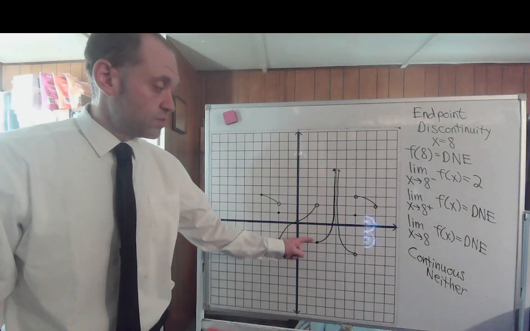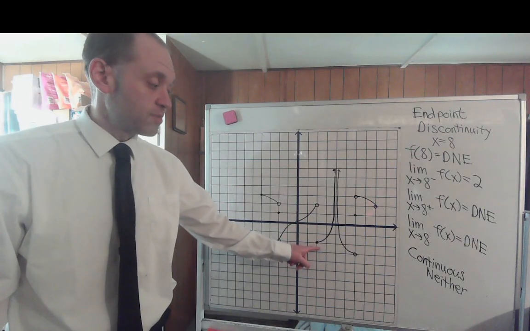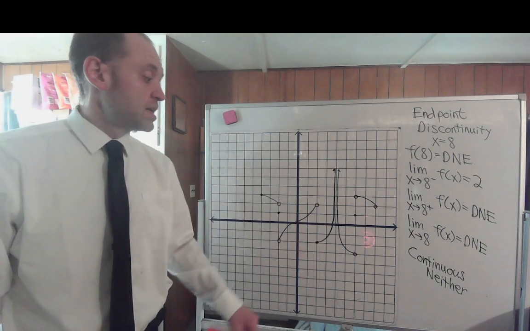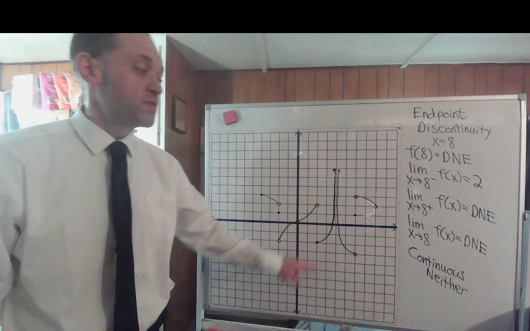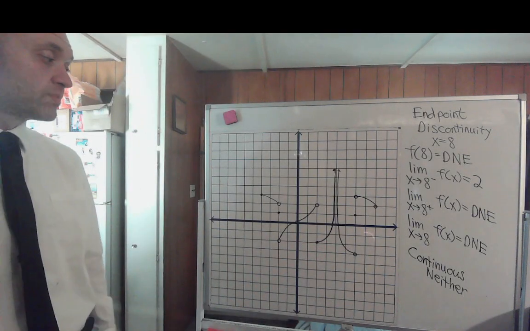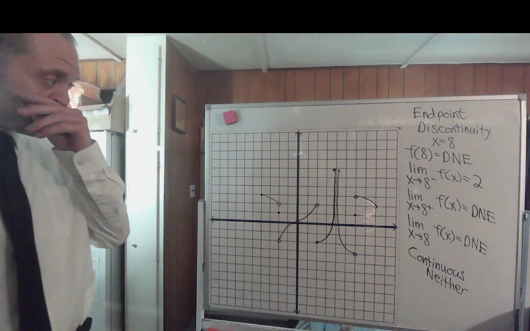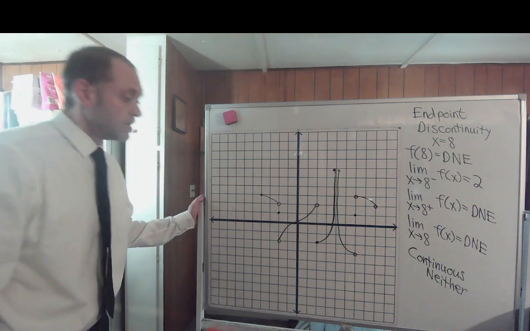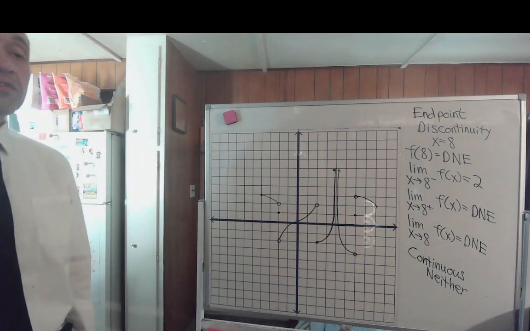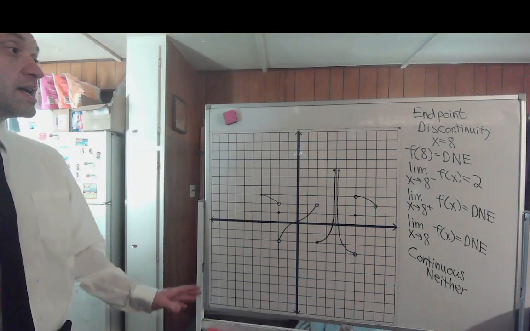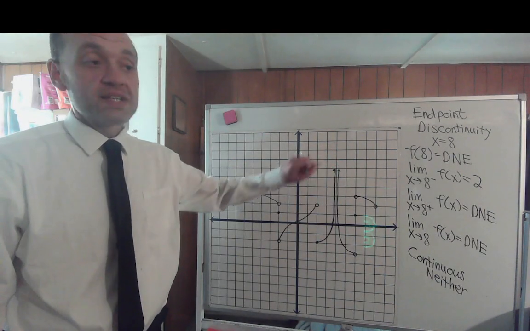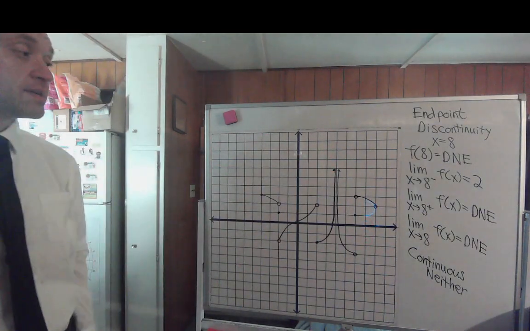One of those two, like at x equals 2, is continuous from the right because the y value is defined there on the right, because you have the solid dot, so that would mean it's continuous from the right. So, removable discontinuities, it's always continuous from neither. It's not continuous from either the left or the right. And then, infinite discontinuities, it's not continuous from either left or right.